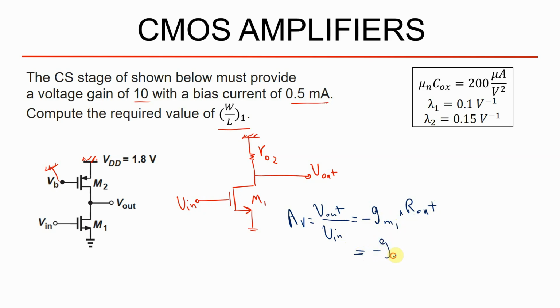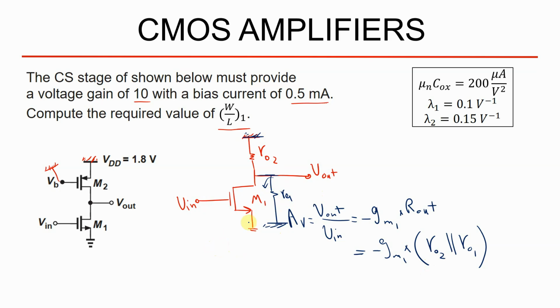Rout is this resistor RO2 in parallel with the resistance from the drain of M1 to the ground, which is RO1. Both of these resistors are in parallel, because this node is connected together, and this is ground and this is also a ground, so you can connect these two grounds together. Okay, so this is the formula for the gain of this amplifier.